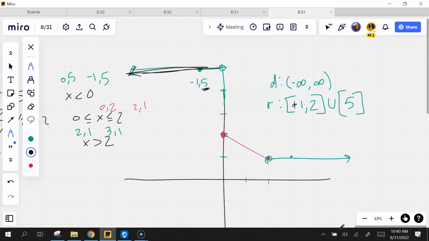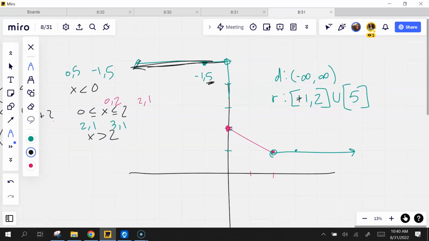Where are you getting 3 from? This? Under here? All right, so that point is 3, is 1. Range looks at Y values, not. Are you talking about domain or range? Domain. So left to right, it doesn't stop there though. It keeps on going. So it goes all the way to infinity.